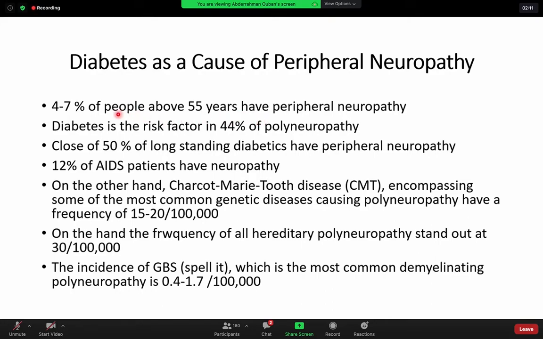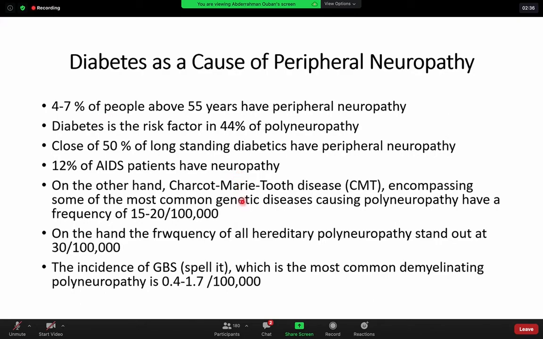So that's a very high number when it comes to incidence of this disease in patients with diabetes. Especially long-standing diabetics, up to 50%, half of them have peripheral neuropathy. Now, 12% of the 8 patients also may have neuropathy.